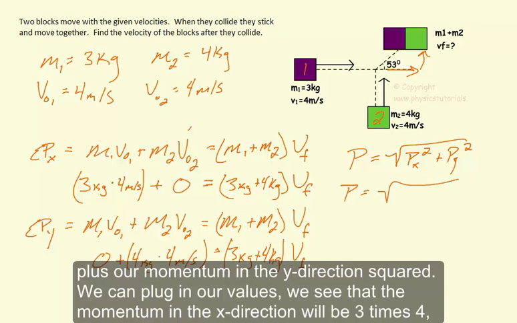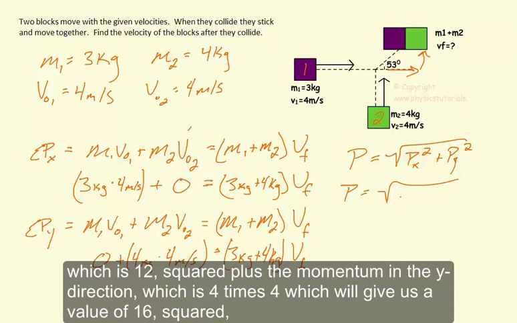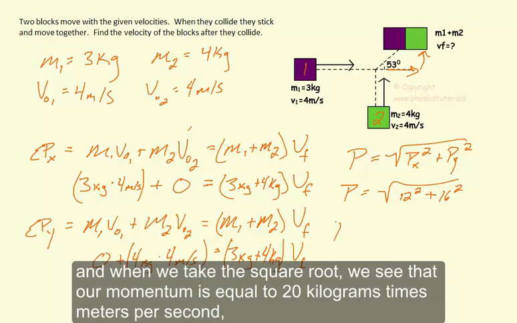Our momentum in the x direction will be 3 times 4, which is 12, squared, plus the momentum in the y direction, which is 4 times 4, which will give us a value of 16, squared. And when we take the square root, we see that our momentum is equal to 20 kilograms times meters per second.